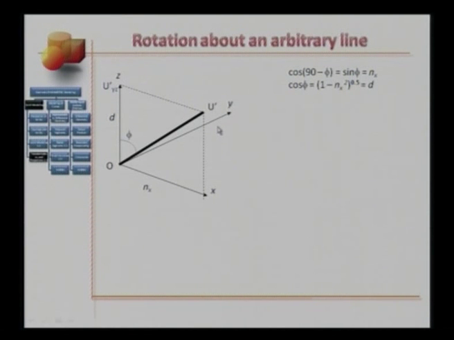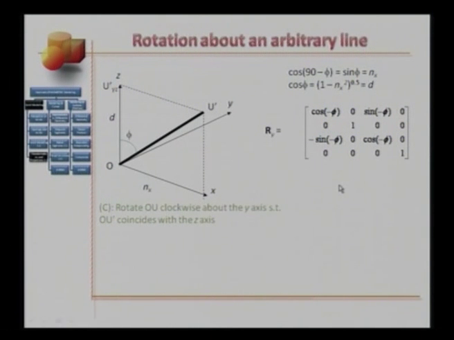I would want you to stand on this arrowhead and figure out whether clockwise or anti-clockwise, OU prime would be rotated about the y-axis. You guess it right. It will be clockwise. I've already said this. Rotate OU clockwise about the y-axis such that OU prime coincides with the z-axis.